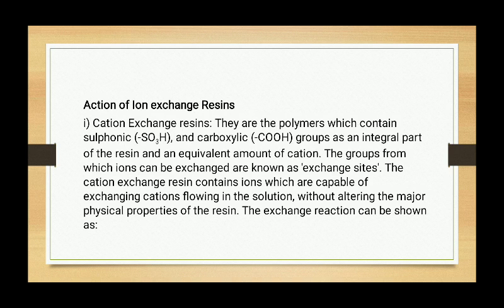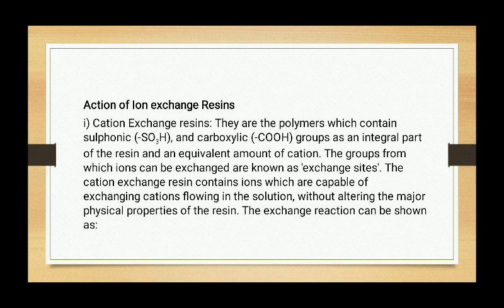Cation exchange resins are polymers which contain sulfonic and carboxylic groups as an integral part of the resin and an equivalent amount of cation. The groups from which ions can be exchanged are known as exchange sites. The cation exchange resin contains ions which are capable of exchanging cations flowing in the solution without altering the major physical properties of the resin.